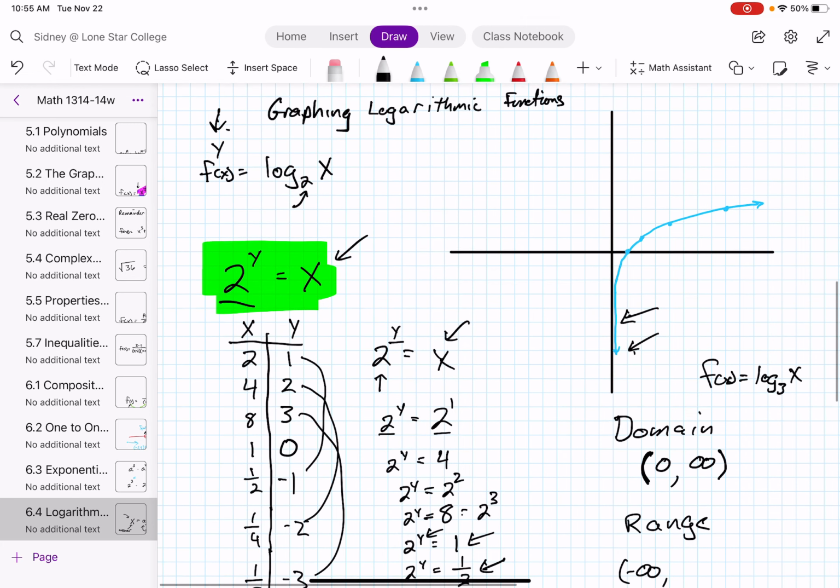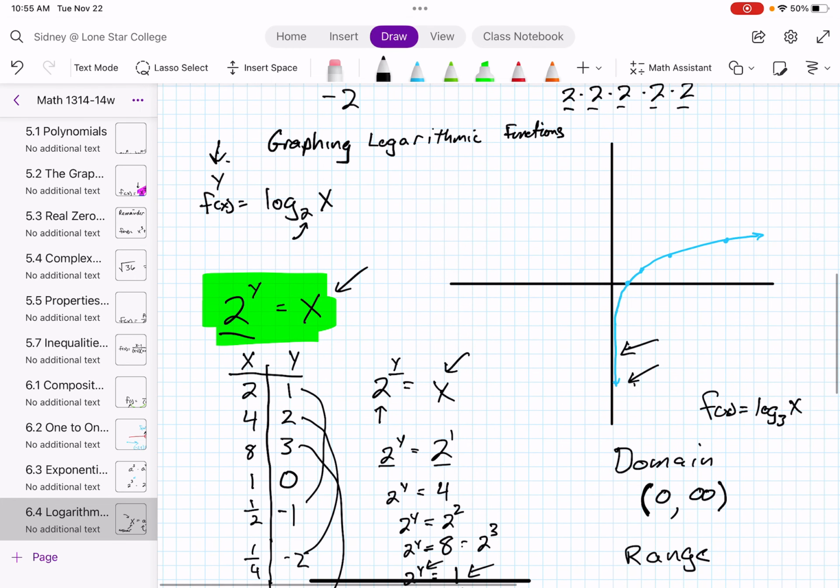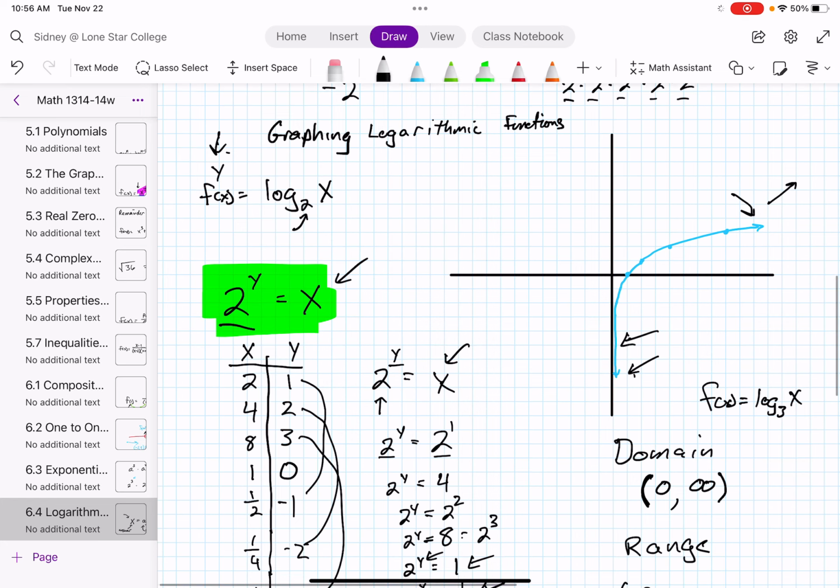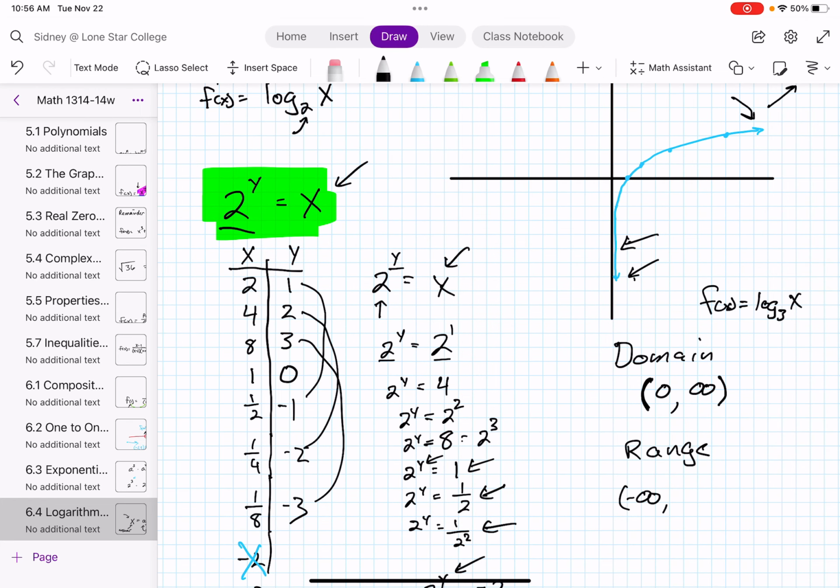And this arrow is not as obvious, but it's going up at a diagonal, which means it's going up forever and right forever. So my range goes from negative infinity to positive infinity, although it'll take a lot longer to get infinitely high. This is the domain and range for all log functions, log base 2 of x, log base 3 of x, log base 4 of x, etc.